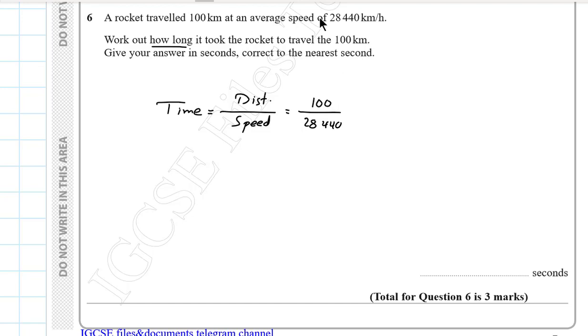We have the same kilometer here, and then the answer should be in hours, but this question said give your answer in seconds, correct to the nearest second, okay? When we calculate it using our calculator, don't forget to convert hours to seconds by multiplying the hours by 60, another 60 here, 60 minutes, and each minute 60 seconds, divided by the same number, 28440.